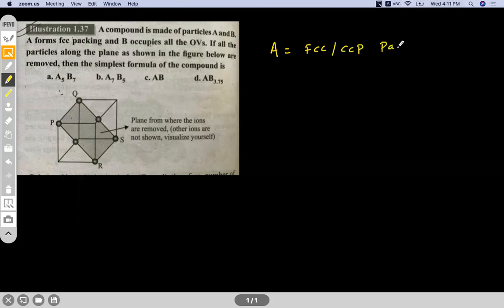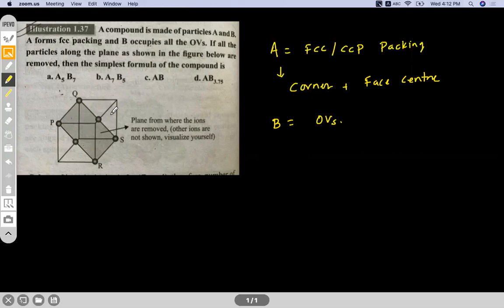FCC or CCP packing, it means this A is present at corners plus face center. B occupies all octahedral void. So B is present in octahedral void, and we know the position of octahedral voids, that is there at the body center plus at the edge center. So you imagine the cube where at the body center we have B and at the edge center we have B again.